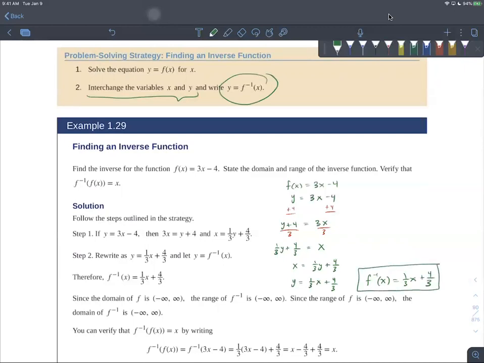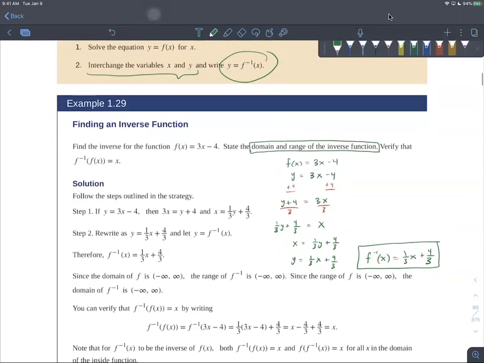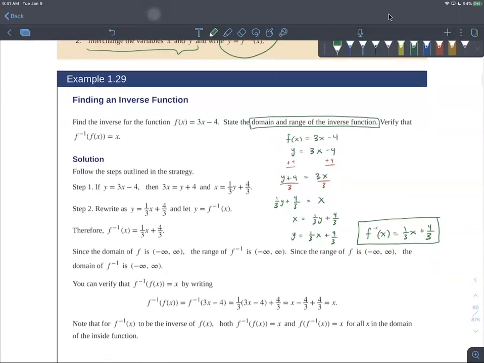There we go. It does ask us to state the domain and range of the inverse. And so there's actually a couple ways that we could do this. First of all, let's go to f. For f, what is the domain of f? Now, if you take a close look at f, it is a linear function, y equals 3x minus 4.